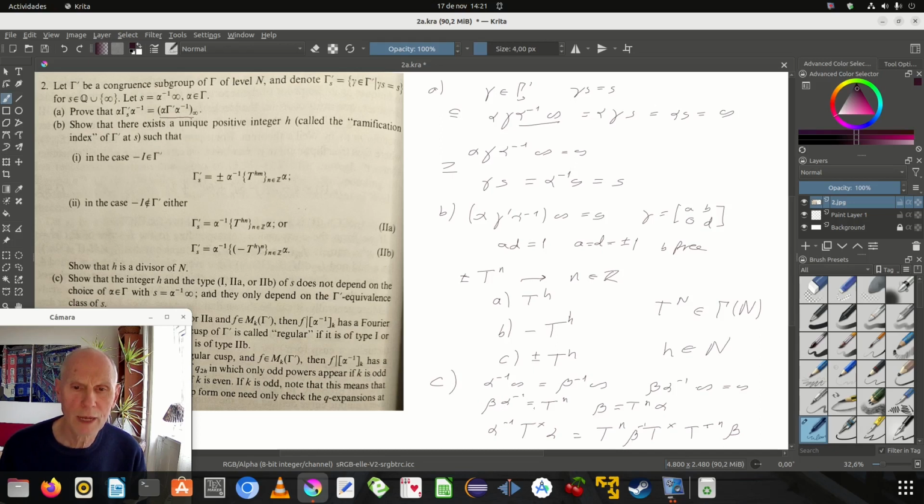We must multiply with beta from the left, so they are the opposite direction. Alpha to minus first, that's beta T to the nth. And T to the minus nth here, so we end up with the same power of T. That was the first part.